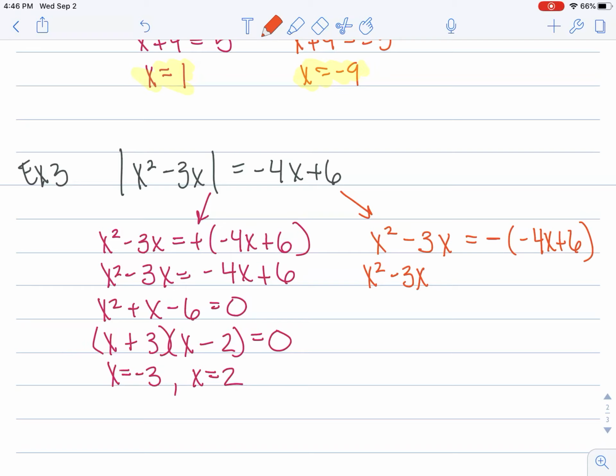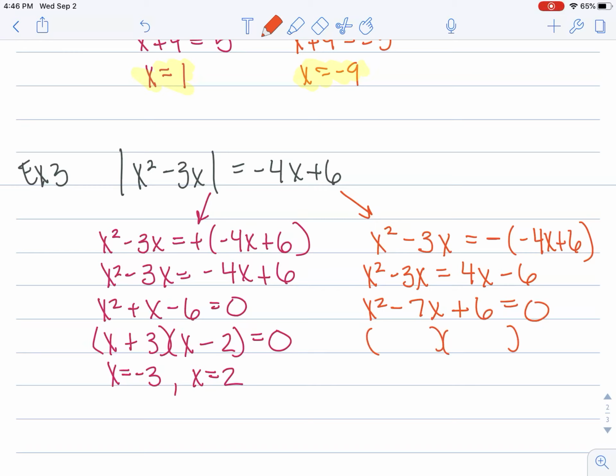So x squared minus 3x is equal to a 4x minus 6. Let's get this guy set equal to 0. So subtract a 4x, add a 6. So x squared minus 7x plus 6 equals 0.